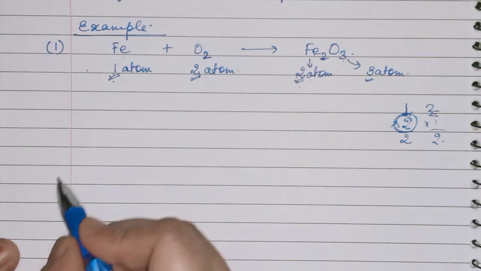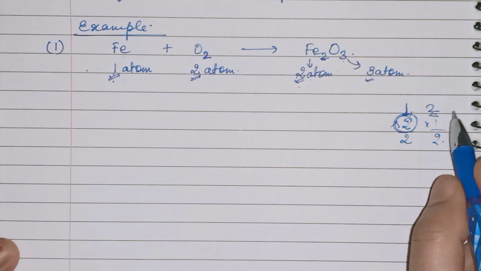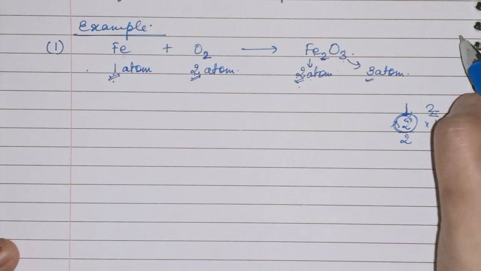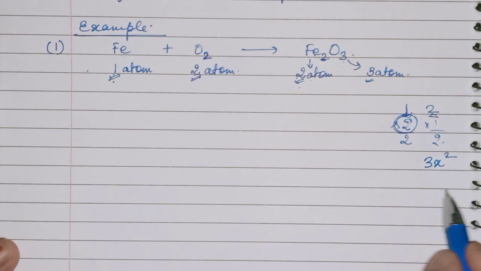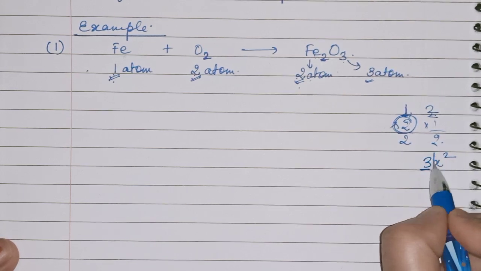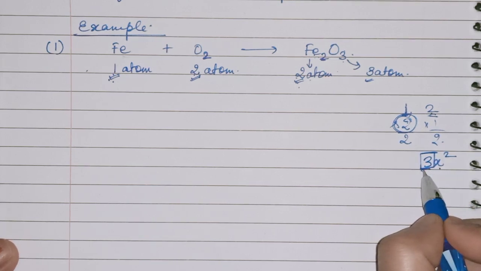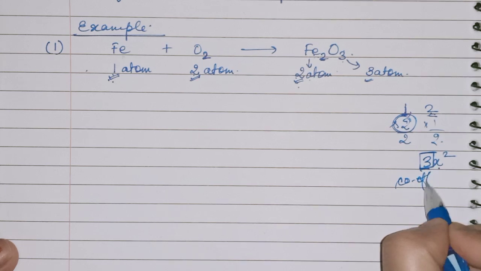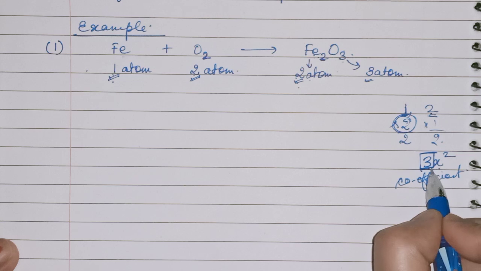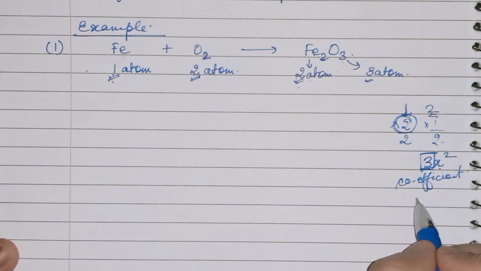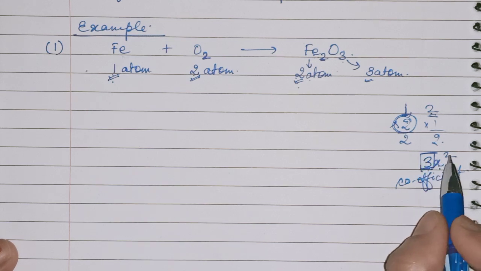Now what is a coefficient? What you have learned in your maths class: suppose it is 3x squared. The number which is just before x is called the coefficient. This 3 is the coefficient for x squared. It means this 3 is getting multiplied with x squared.